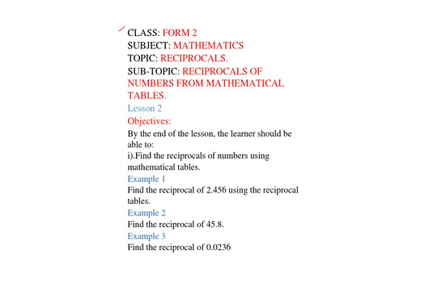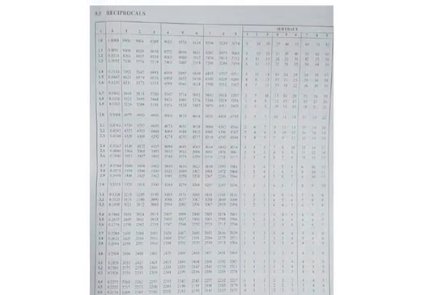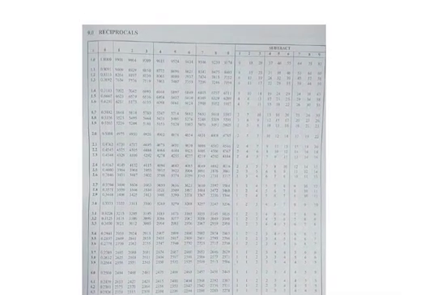Our first example, we are told to find the reciprocal of 2.456 using the reciprocal table. So our number is 2.456.